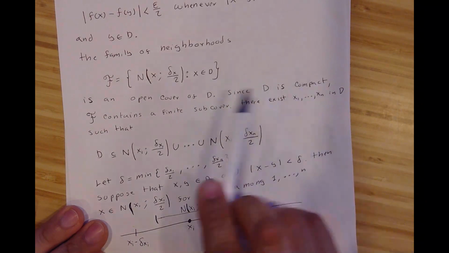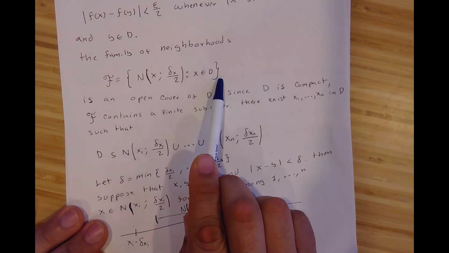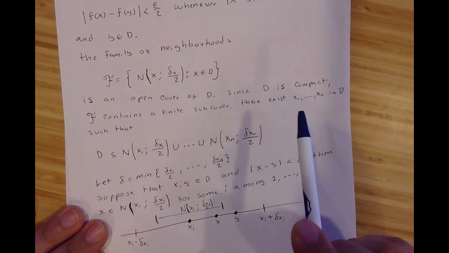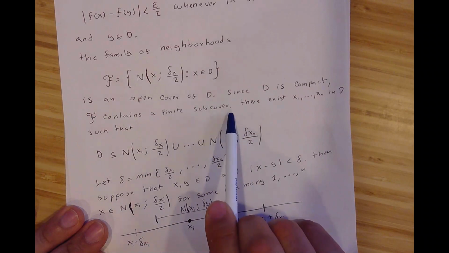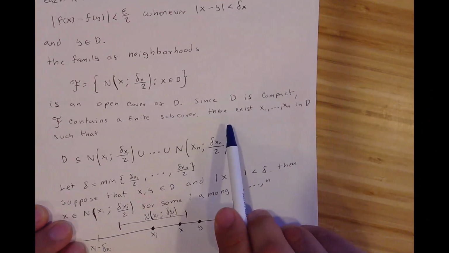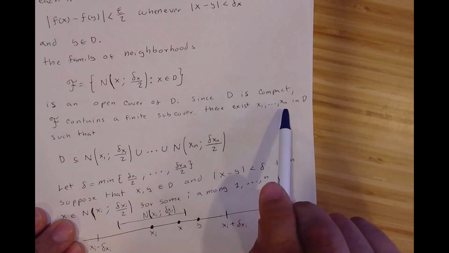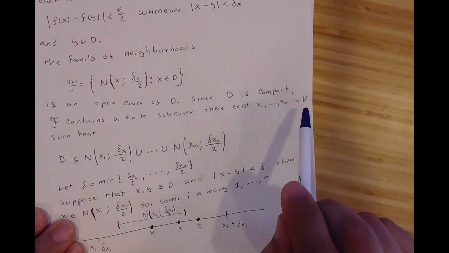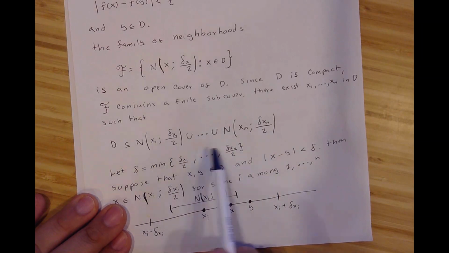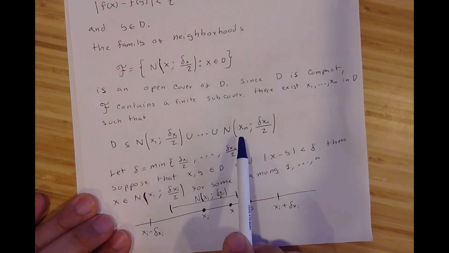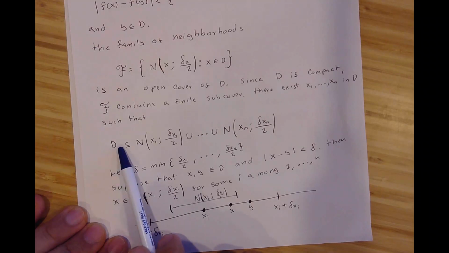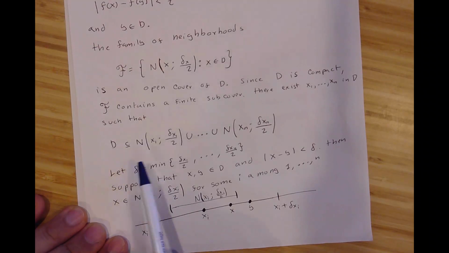So all this family of neighborhoods will be an open cover of D. And because D is compact, we can ensure that we will have a finite subcover of D. In other words, there exists a finite number of xi, from 1 to n, in the domain, such that if I union all the neighborhoods that we create for these values, we still cover all the domain. So the closed interval will be a subset of this union.